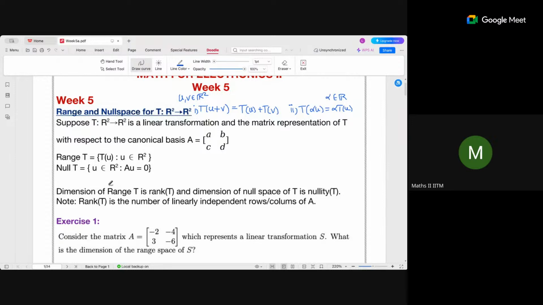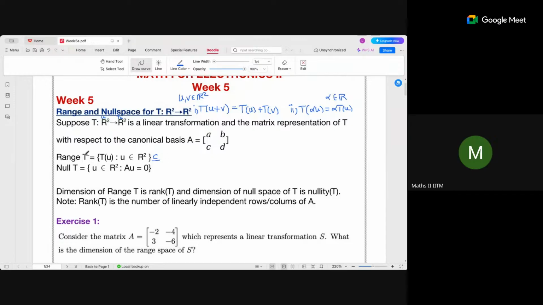Can you tell me range of T, is it a subset of the domain or codomain? In this case both are R2, but how should we view it? See, U is here and TU is here, right?